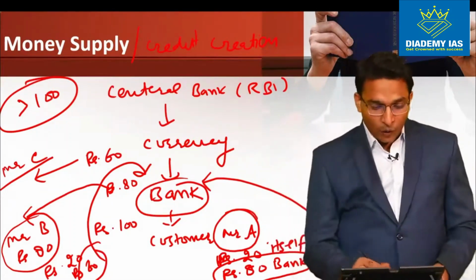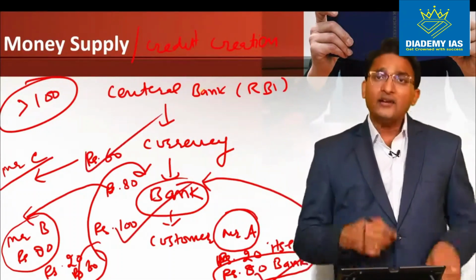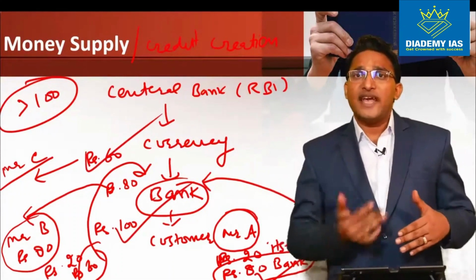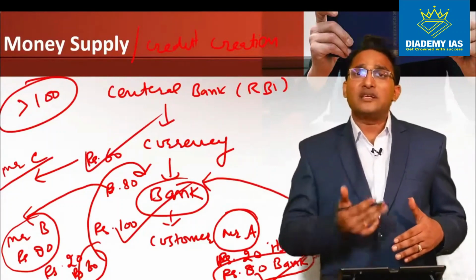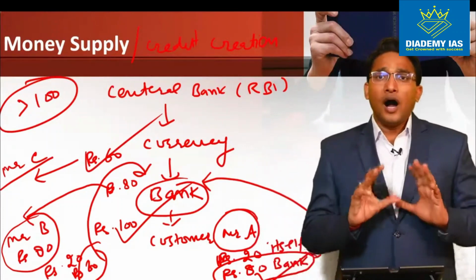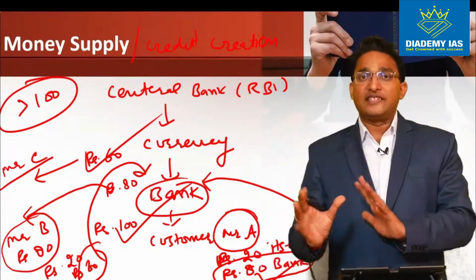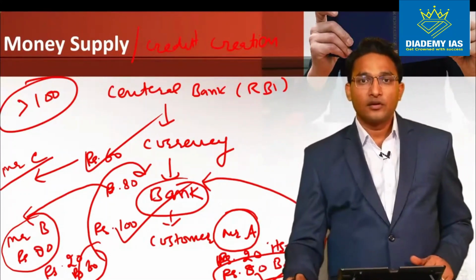So we can see rupees 100, rupees 80, rupees 60, and so on. This becomes a cycle. More and more money supply is getting created. Now, how this money supply impacts the Indian economy, we will see that.